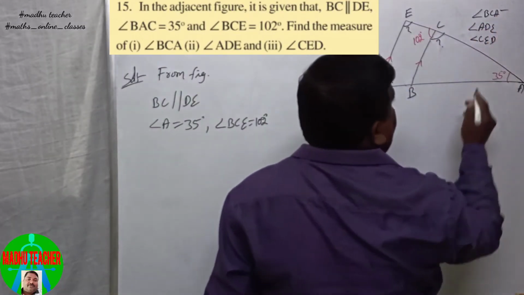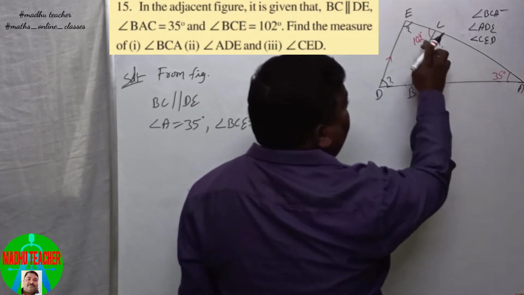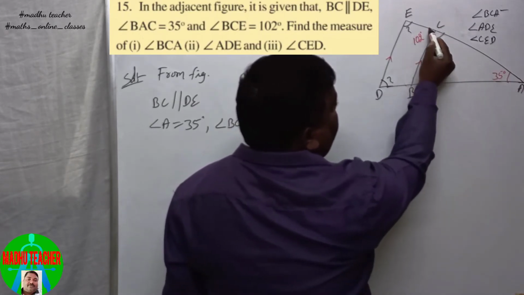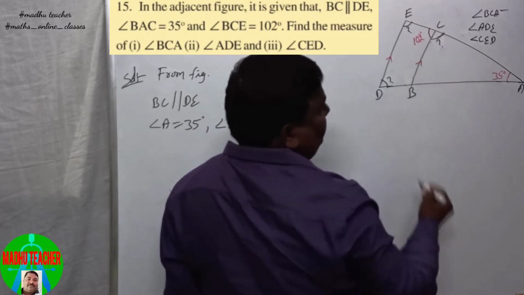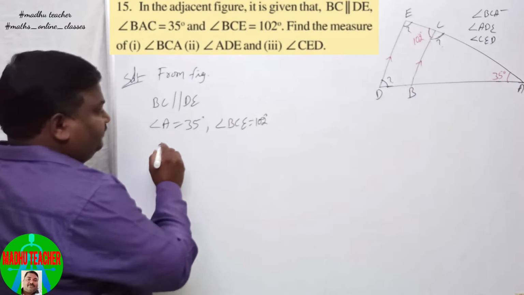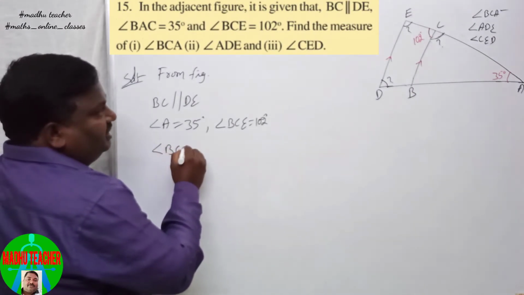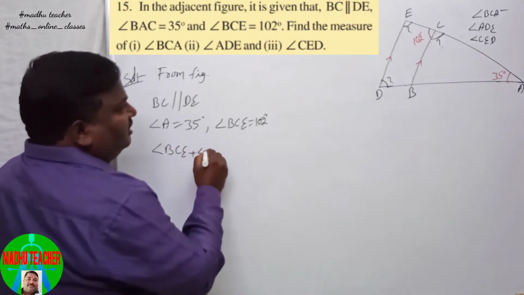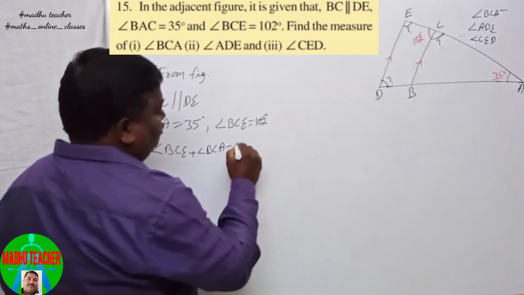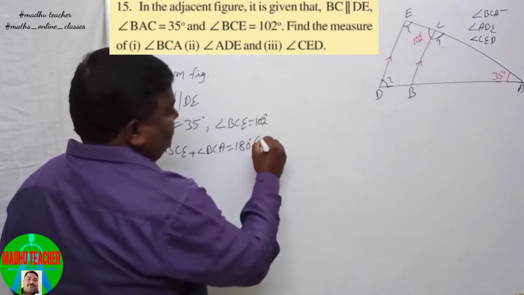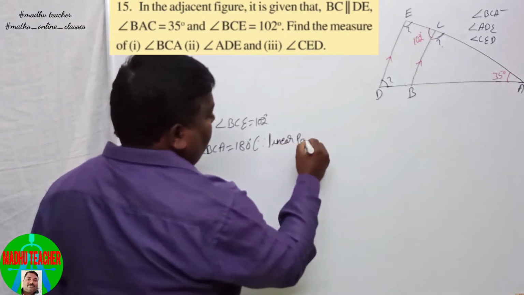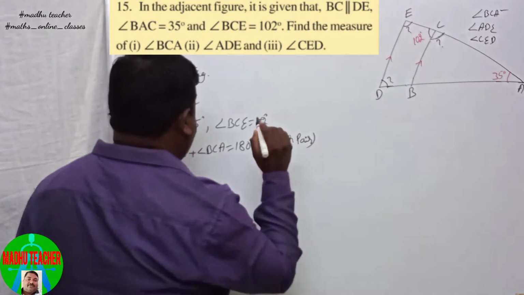Next, the first question is angle BCA. By observing, these two angles are a linear pair. What are those? Angle BCE plus angle BCA equals 180 degrees, since they are a linear pair.